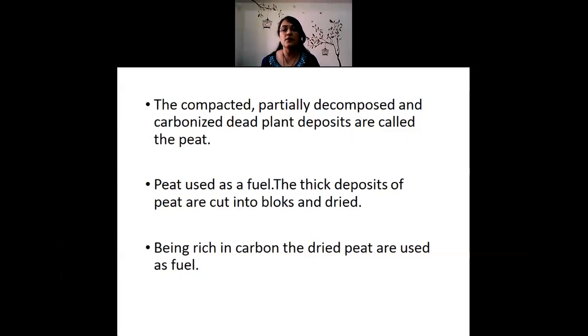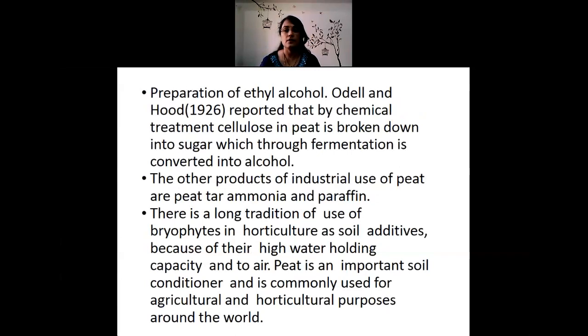Peat is useful in various ways. It is used as a fuel. The thick deposit of peat is cut into small blocks like bricks, and these blocks are used as fuel. As it is rich in carbon, the dried peat is also used as fuel. Another use of peat is in the preparation of ethyl alcohol.